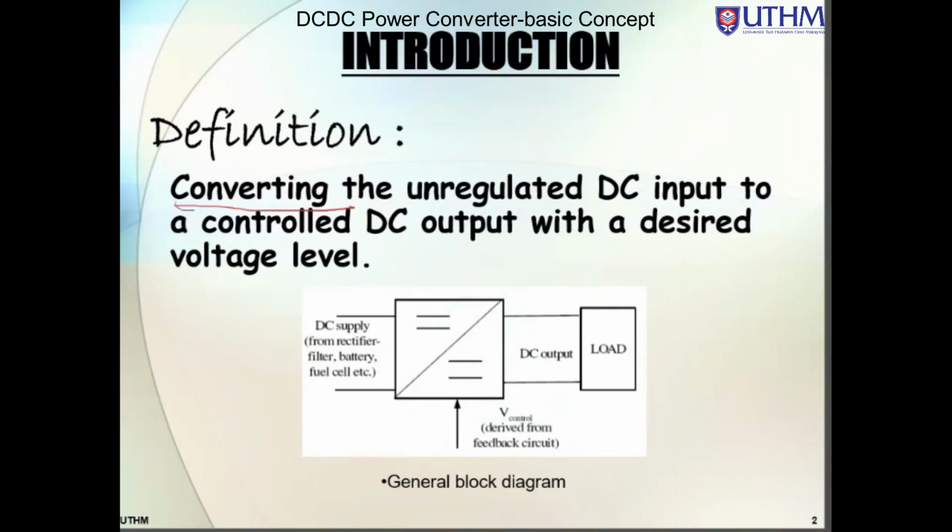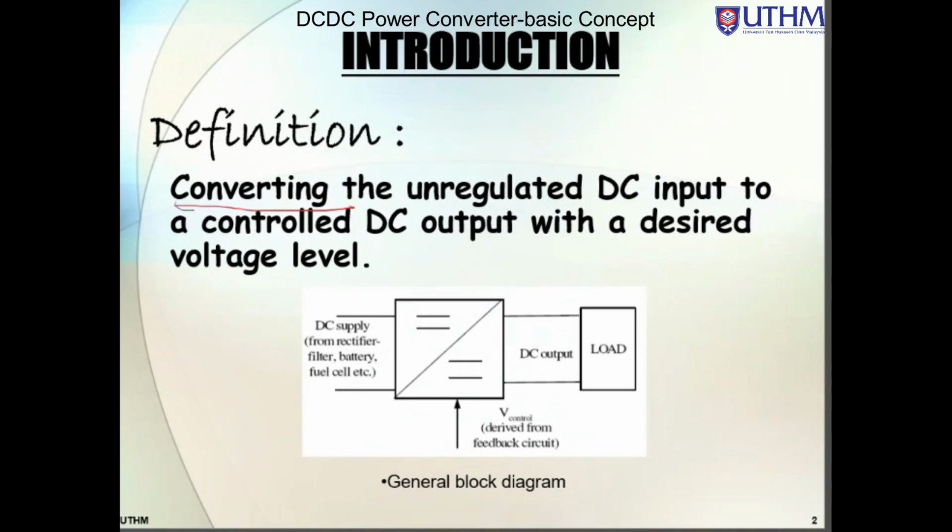So biasanya application ni kita guna kat banyak tempat macam renewable punya system. Sometimes renewable punya system we have variable input, right, from the solar, for example. Then we want to charge our battery system, and sometimes battery system is not just like 12 volt. Sometimes it's doubling 24 volt, maybe 48 volt. So then our converter need to interface that from input to output.